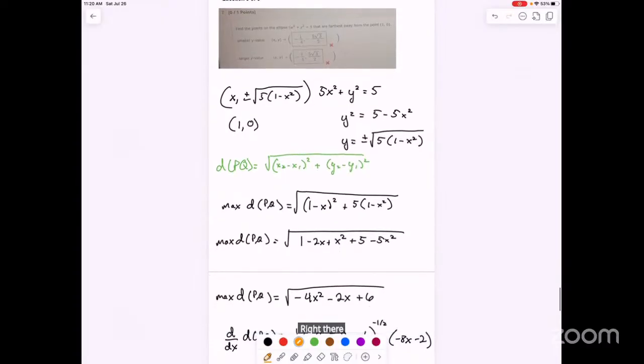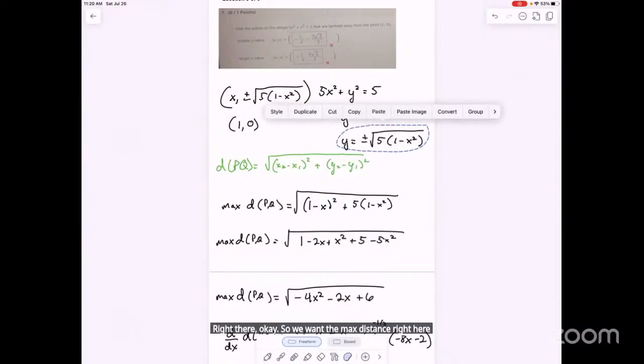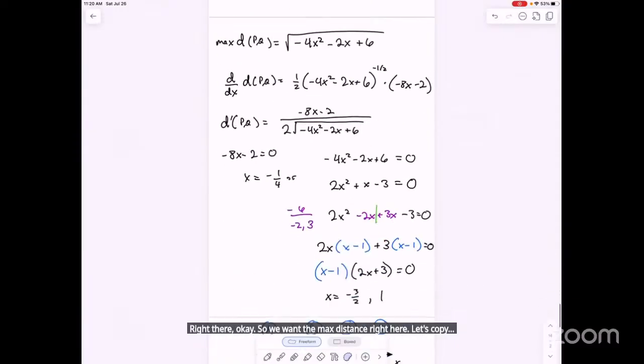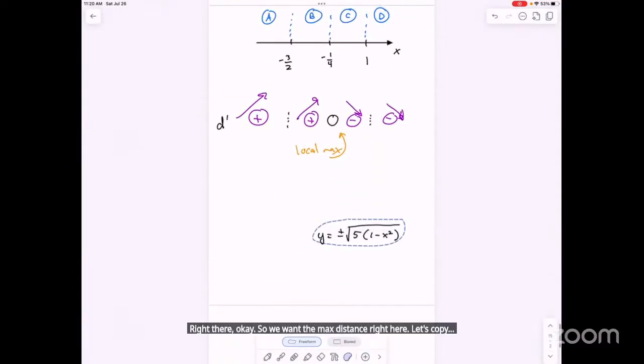Right there, okay. So we want the max distance right here. Let's copy, paste, okay.